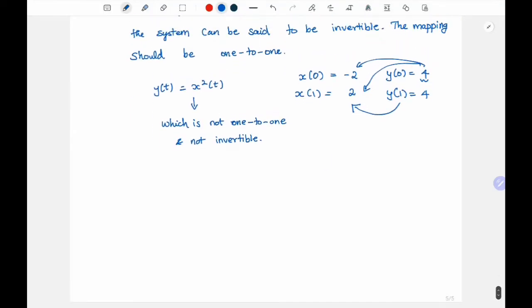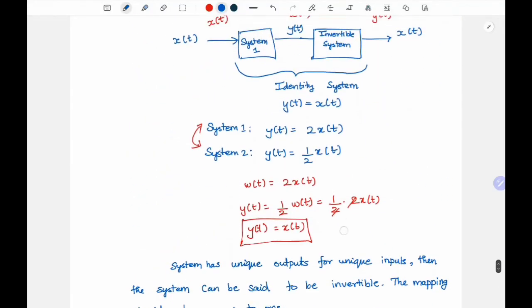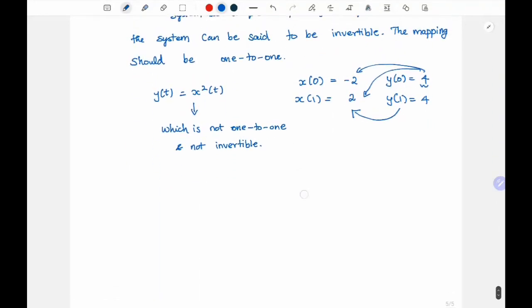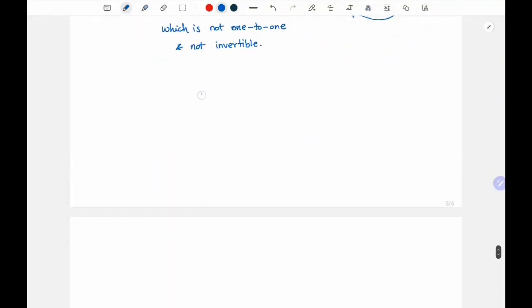Where this property is useful is, for example, when we are sending some information. You can take WhatsApp itself. You are feeding in some message, which is nothing but an input signal. What WhatsApp does is it encrypts and modifies the signal.